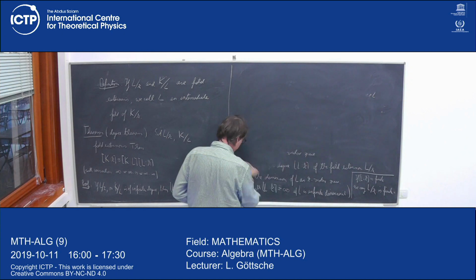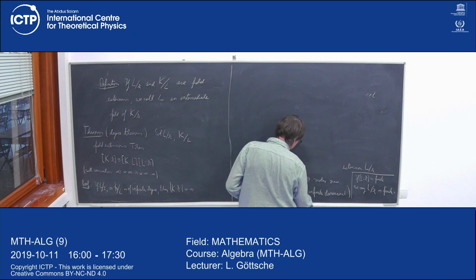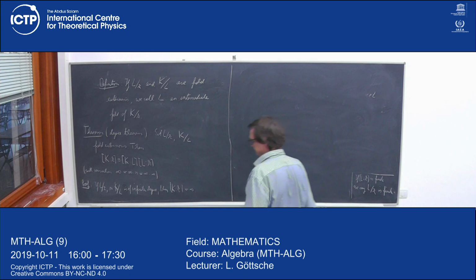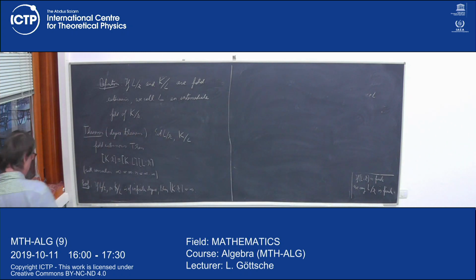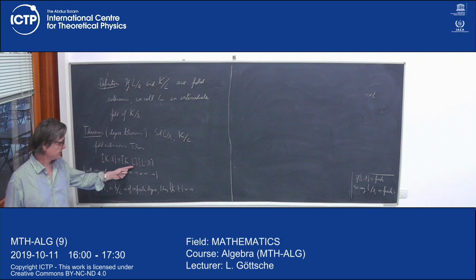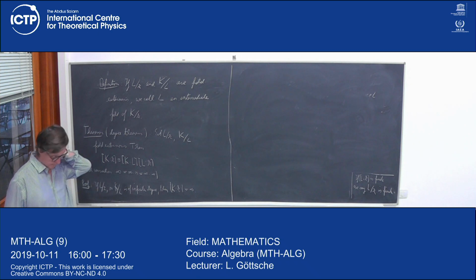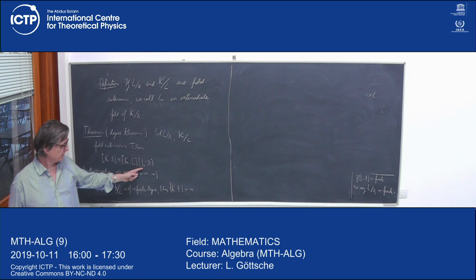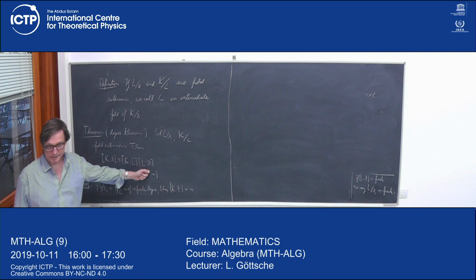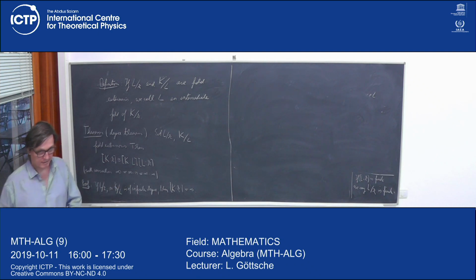It's actually quite easy. If you take a basis of large K as an L vector space, and a basis of L as a small k vector space, then the basis of large K over small k will be given by all the products of the basis elements here multiplied with the basis elements here. Let's see how that goes.